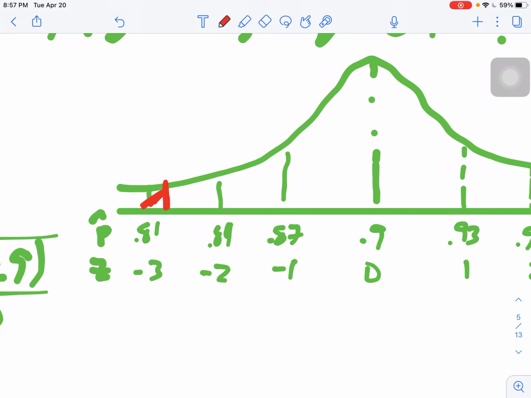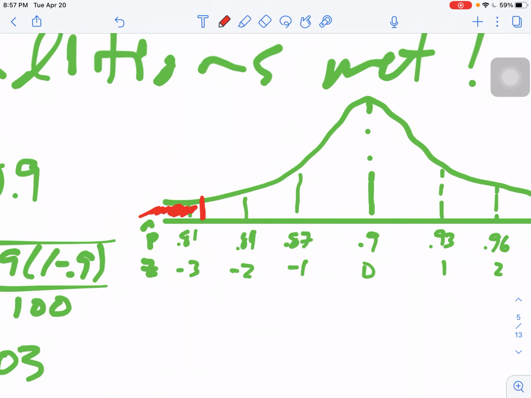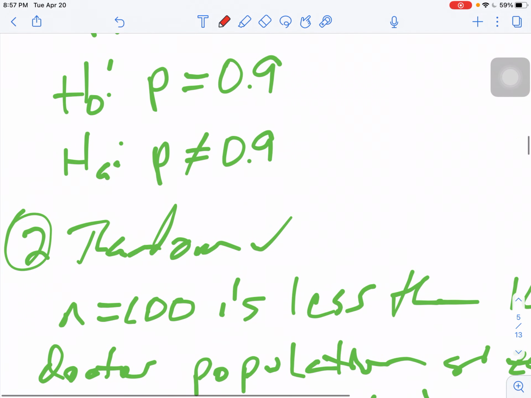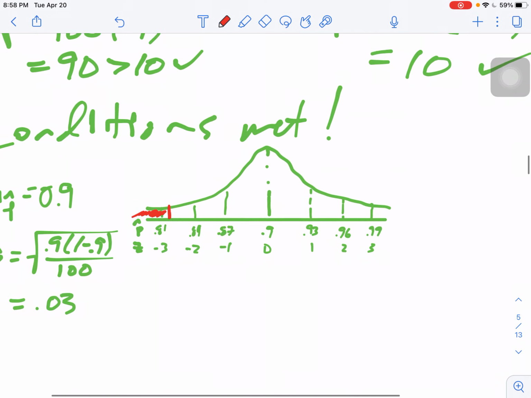And then I'm going to shade to the left here. So I'm going to shade that left tail. Now remember, I said that this is a two-tailed test because we had a not equal to alternate hypothesis. So again, this is called a two-tailed test. Sometimes it's called a two-sided test. Those are synonymous terms. So I have the left tail shaded.